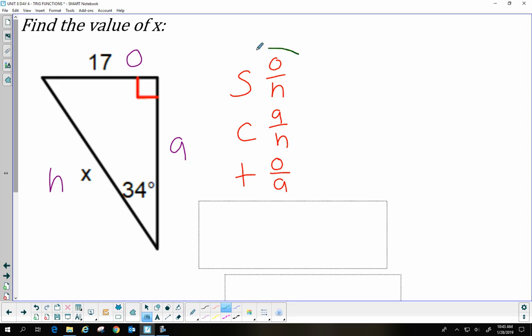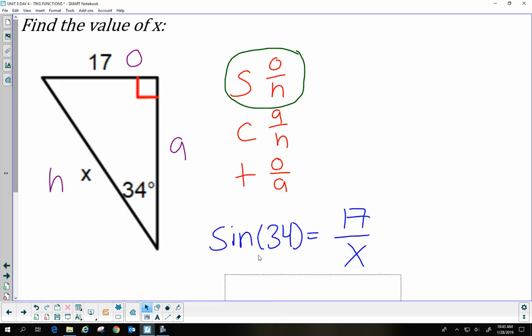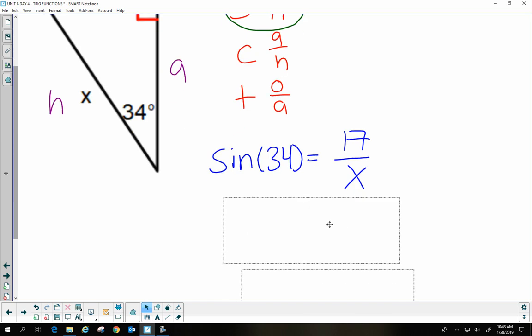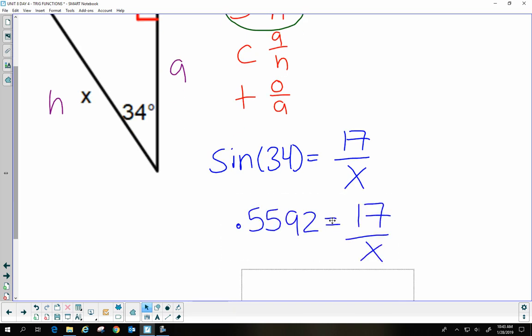So hypotenuse and opposite is sine. So I'm going to use the sine function here. So the sine of my angle 34 is equal to the opposite side 17 divided by the hypotenuse x. I could plug sine 34 into my calculator and get a value of approximately 0.5592.